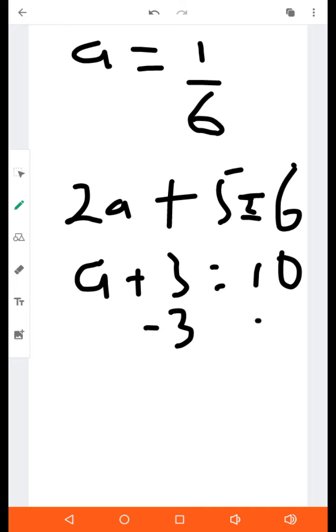So we have minus 3, minus 3. So a becomes equal to 7. So basically, we always add the additive inverse of the number where we have the variable. So next time we'll be using the same concept to learn the other forms of linear equations.